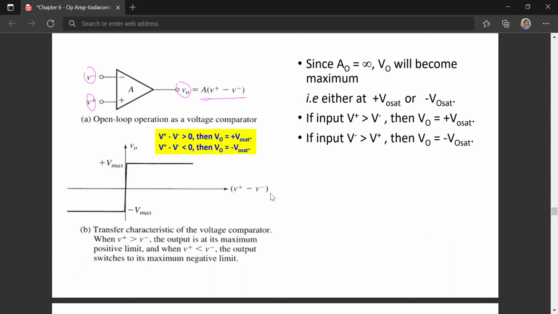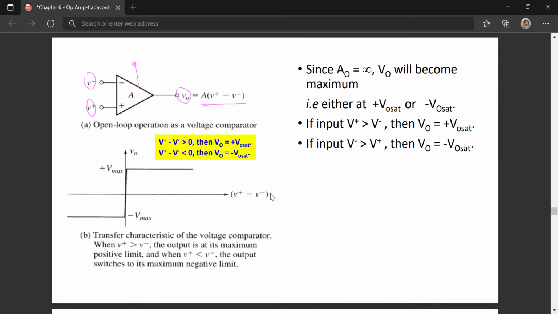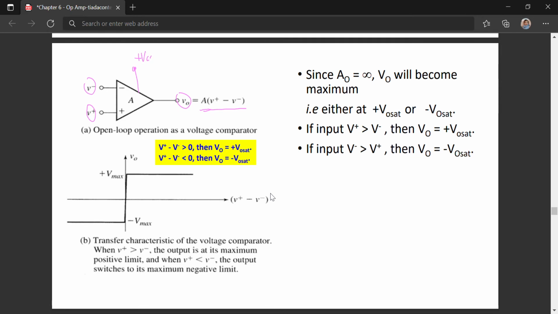And then here, the transfer characteristic of the comparator, the output will always be either plus VCC or minus VCC, or maybe labeled as minus VEE. So here the maximum value will be the positive value of the VCC, and then the minimum value for your Vout will always be equal to minus VCC, right?